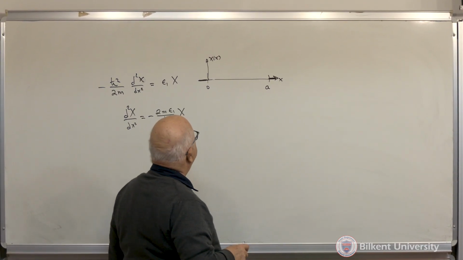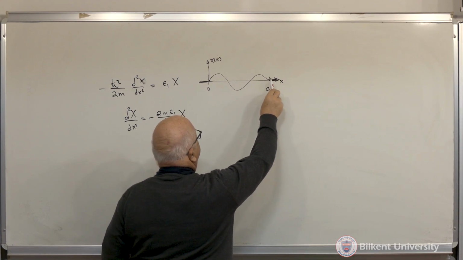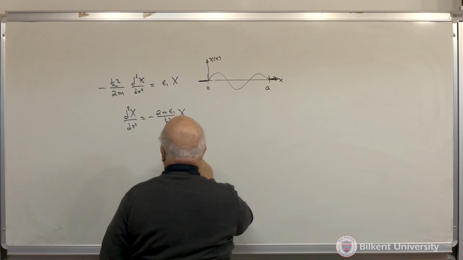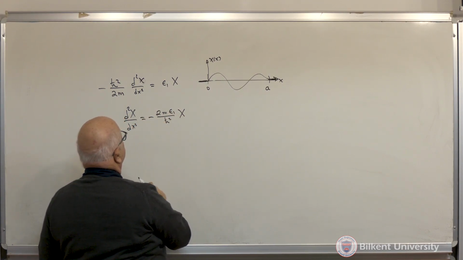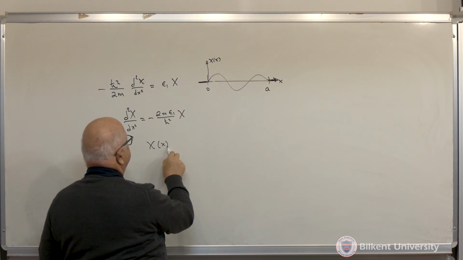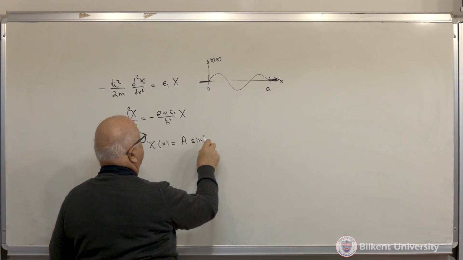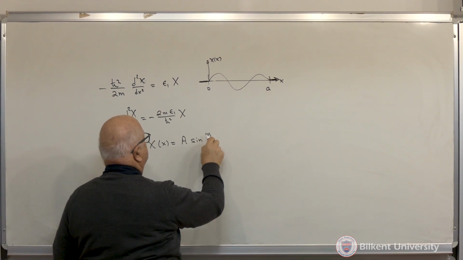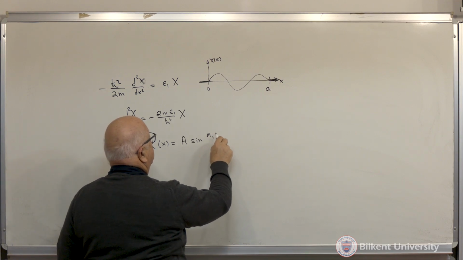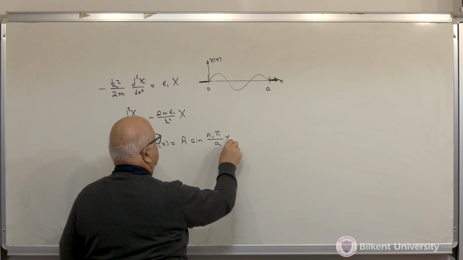Sinusoidals, right? Okay, so I'm going to get sinusoidals which look like this. They have to go to 0 at the end because of the boundary conditions. So I'm going to get a set of solutions which look like, okay, I need to normalize them, and I have sine n1 pi over a x, right?